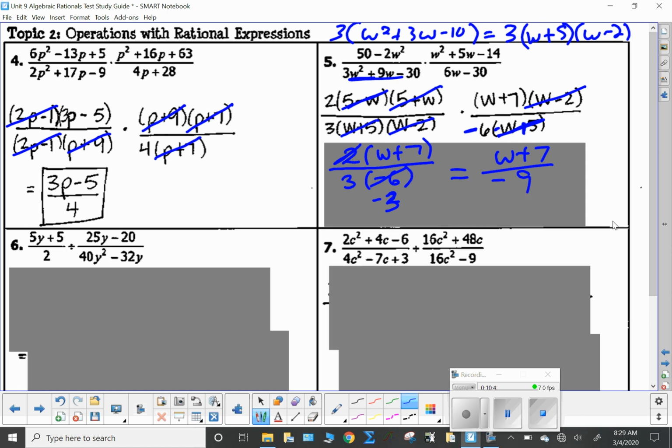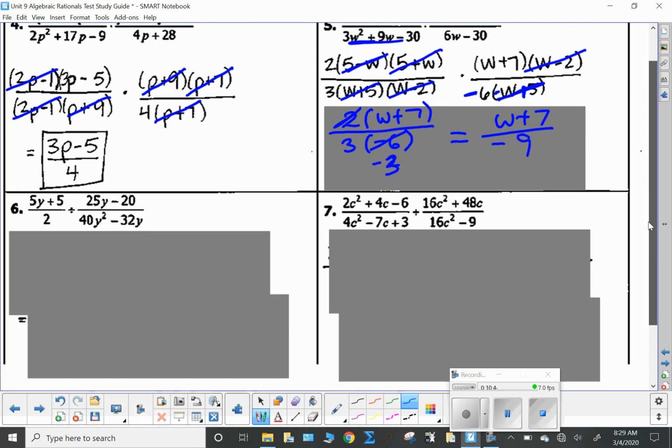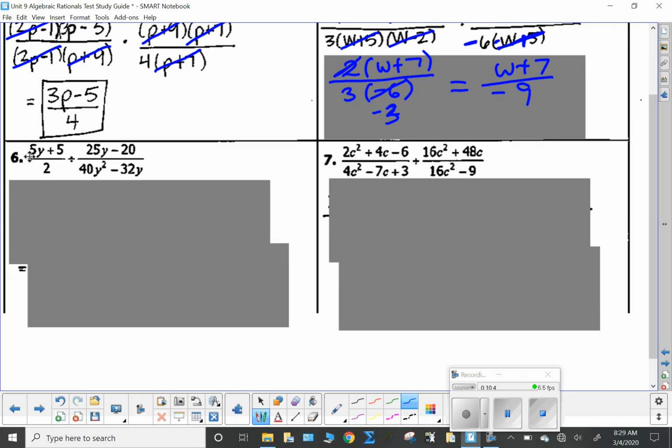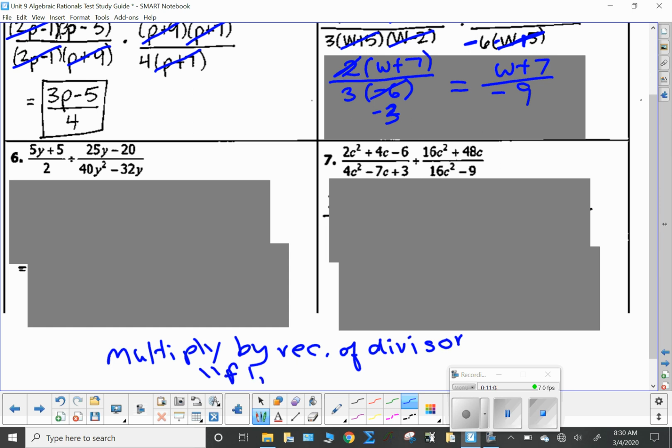Not too bad, right? Let's take a look at these down here. 5 plus w over 2 divided by. Remember that to divide, we need to multiply by the reciprocal of the divisor, or what most of you just say is flip and multiply, right?